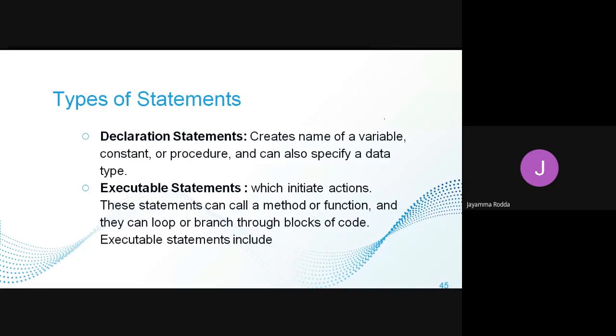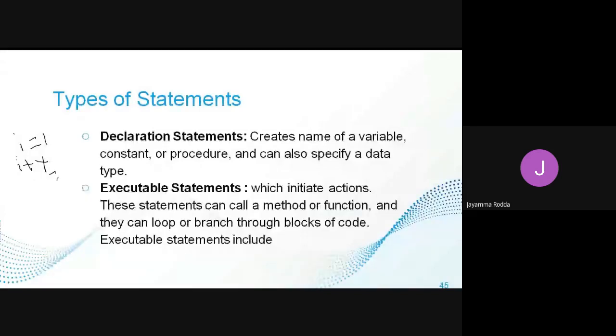If I say I = 1, then I plus plus, what happens? I will be incremented. This is an executable statement. So what action is done? I is initialized to 1 and it is incremented by one, I plus plus. Then what will be the I value?